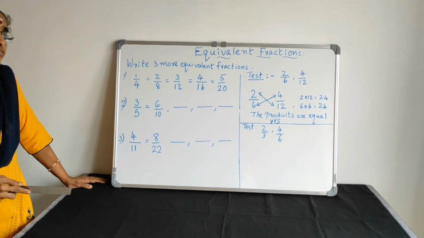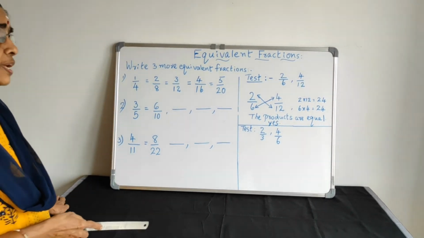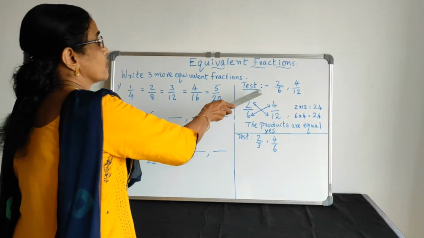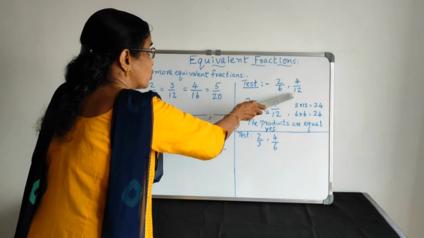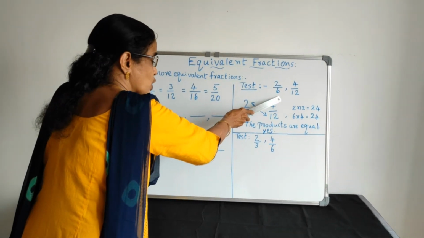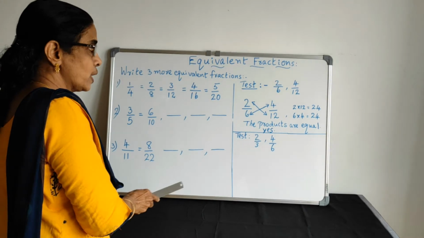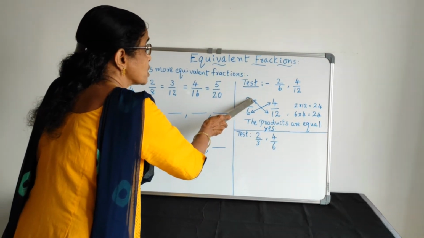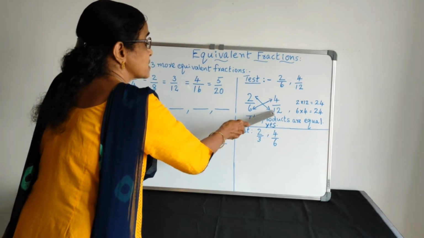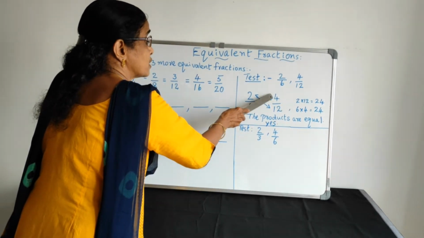Again, whether the given fractions are equivalent or not equivalent. How to test? 2 by 6 and 4 by 12. You have to check whether they are equivalent fractions or not. The rule is you have to cross multiply the numerator into the denominator like this. Again this denominator into numerator.